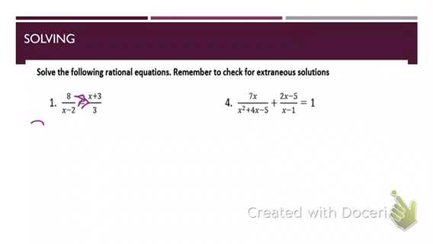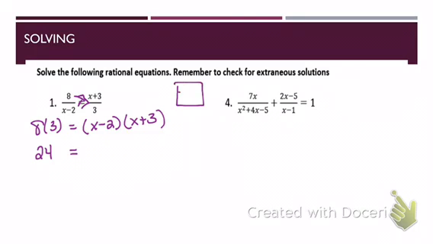The first side is going to be 8 times 3 is equal to x minus 2, if I can write, times x plus 3. Okay, so what's 8 times 3? It's 24. And then let's expand. Whatever method you need to use, FOIL or the area model, go ahead and expand those binomials.